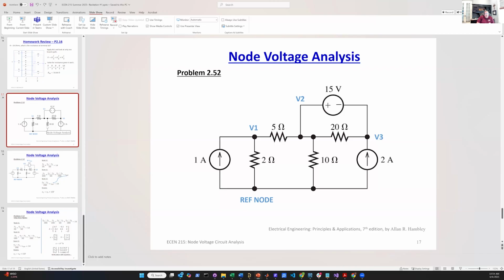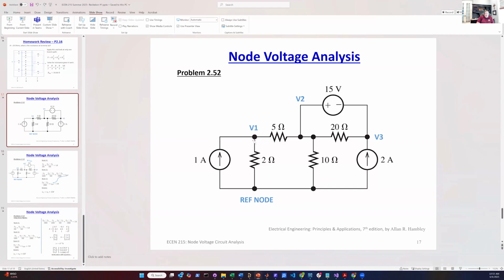So what we have here is a circuit, and again we have three nodes that we're solving for: V1, V2, V3. Notice electrically it shows two dots here, but this is just all one node. What makes this particular problem more complicated is we have this little power supply here. And so nodal analysis is all about Kirchhoff's current law.